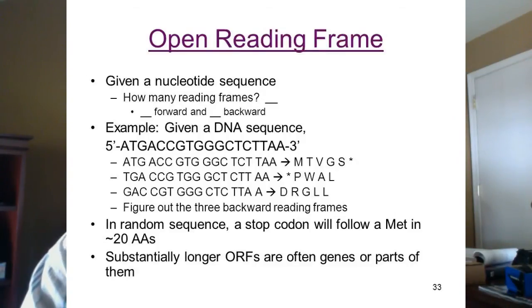So there are 3 forward reading frames. How many are backwards, meaning in the alternative strand? Right, there are 3 in the other direction. And of course, you should be able to figure out what the 3 backward reading frames are.